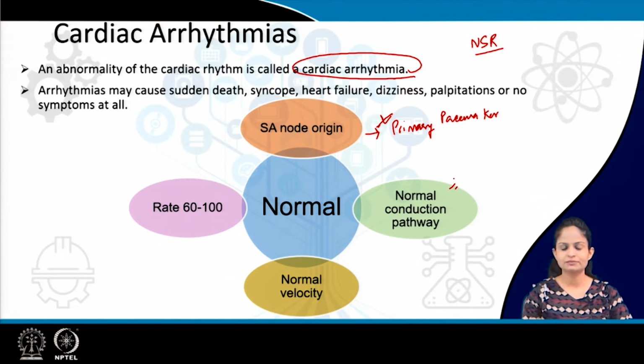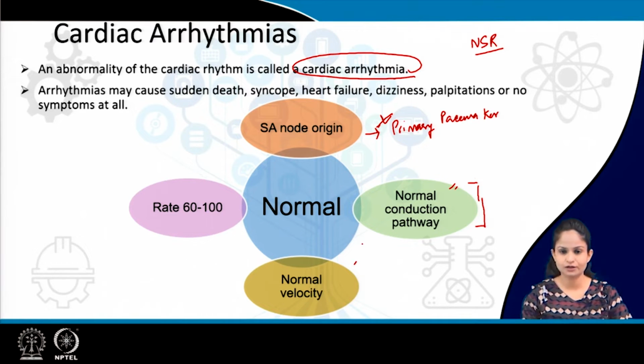Normal conduction pathway means the impulse should travel from the SA node to the AV node, then there should be a conduction delay in the AV node, then it should pass to the bundle of His, then the branches, then the Purkinje fibers, then the ventricles. This is the normal conduction pathway, and the impulse should travel through it.